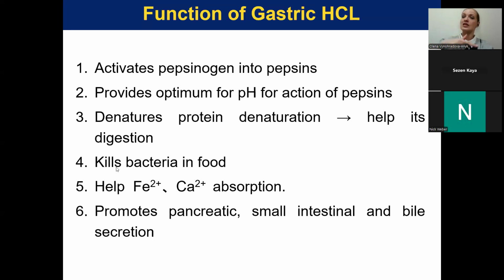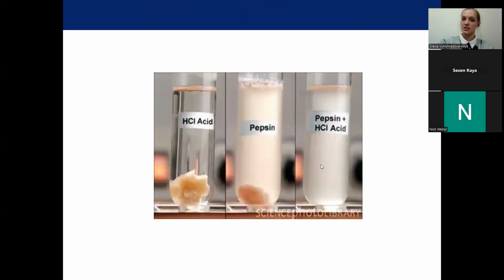So if there is not enough gastric acid, there will also be a problem with absorption of iron, and again anemia, but already iron deficiency anemia. It promotes pancreatic, small intestinal, and bile secretion.